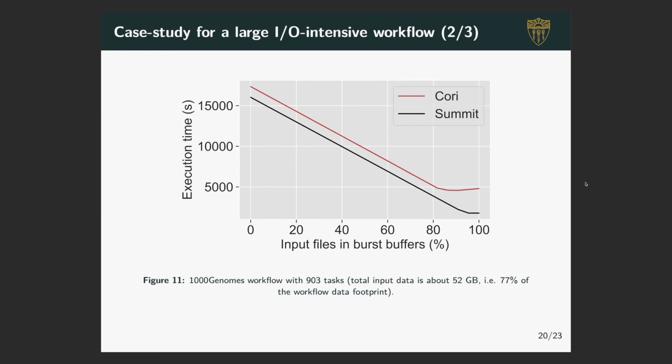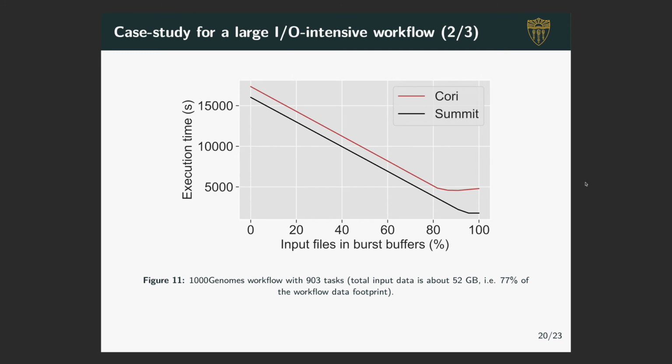The first result I will discuss is a comparison between Cori and Summit. This result shows what our simulator predicts according to how many input files are staged in the burst buffer, from 0 to 100%. This instance of the 1000 Genomes workflow has 900 tasks with a total input data size of 52 gigabytes.